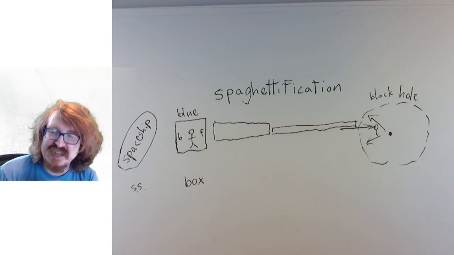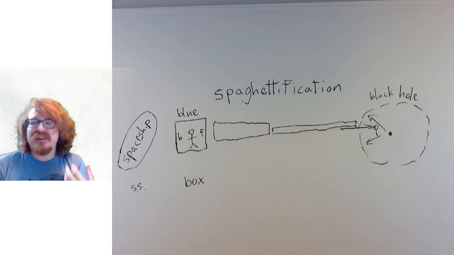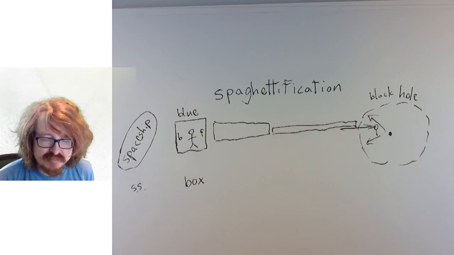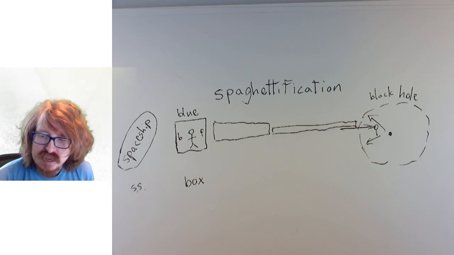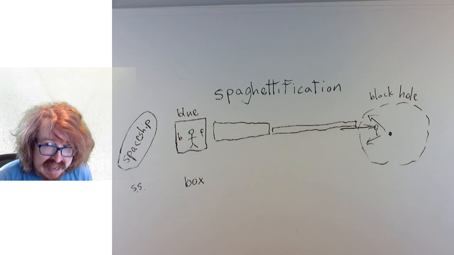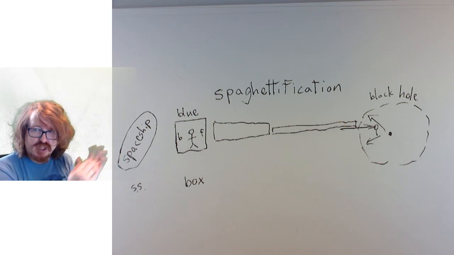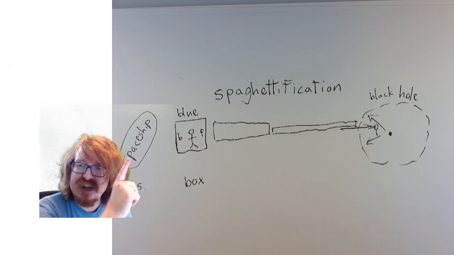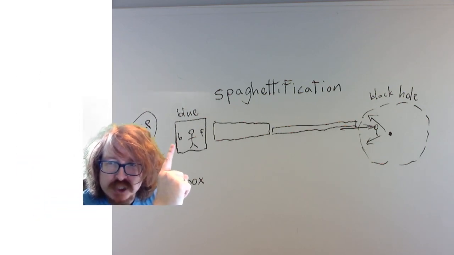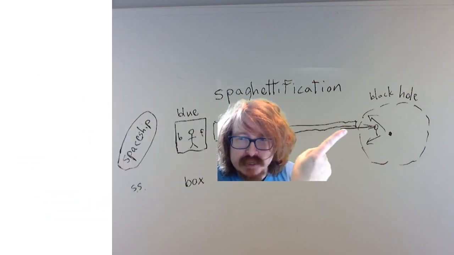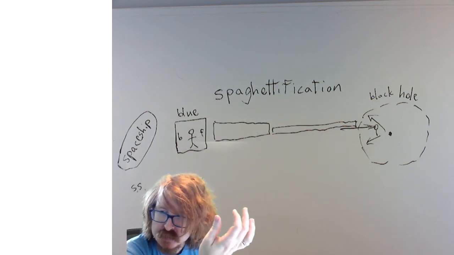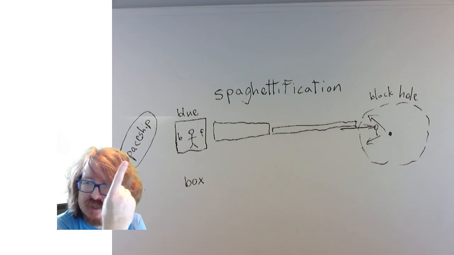Now, somebody was asking about test questions. Just like the special relativity stuff, I'm going to ask very basic questions about this kind of thing on the test. So what I could ask is, here's the situation. If you're in the spaceship and you watch the box as it falls in, what will happen to the time in the box from the spaceship's point of view?